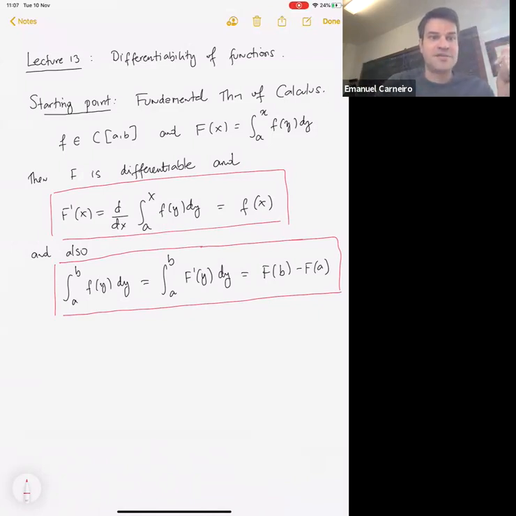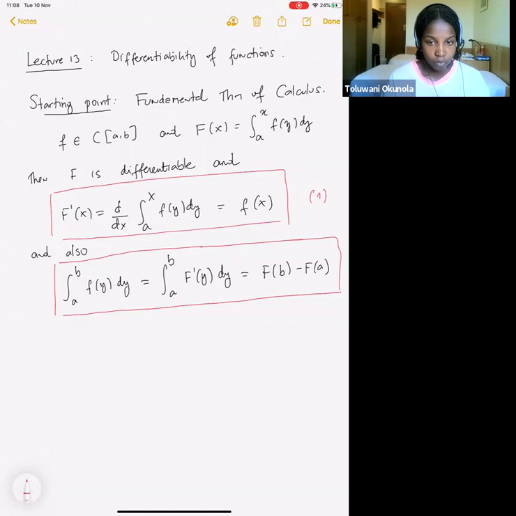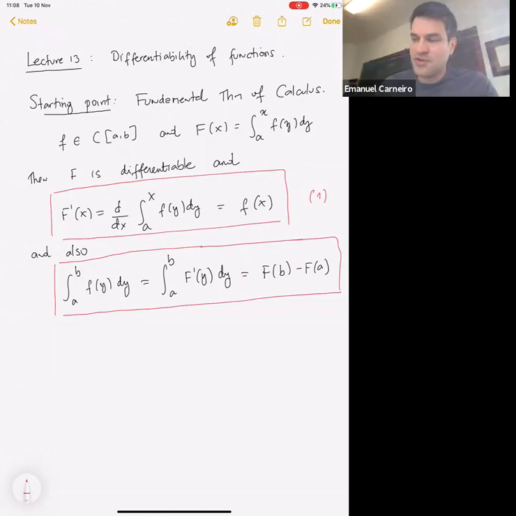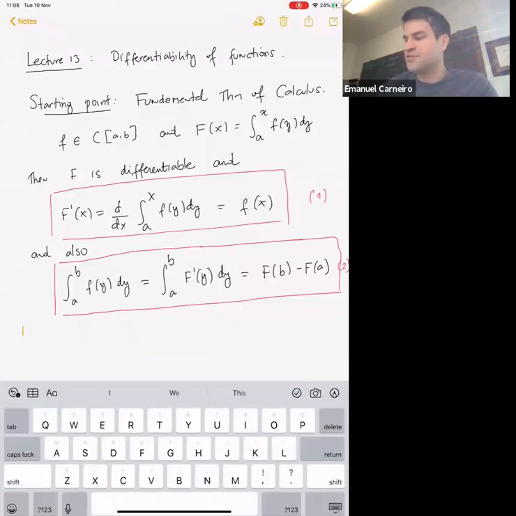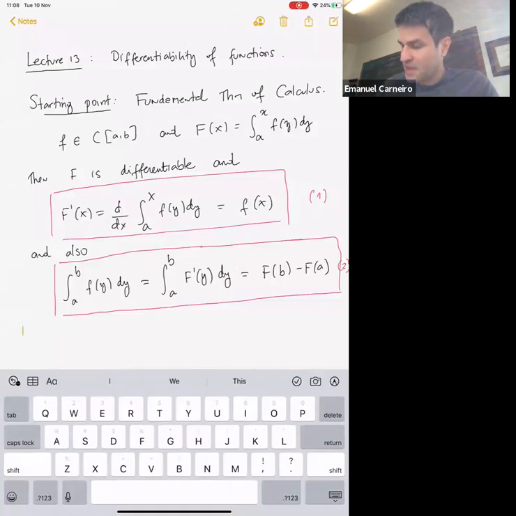They are somehow like addition and subtraction, or multiplication and division. So integration and differentiation are inverse operations. The first thing here says that the derivative of the integral is the original function. And the second essentially says that the integral of the derivative is also the original function.